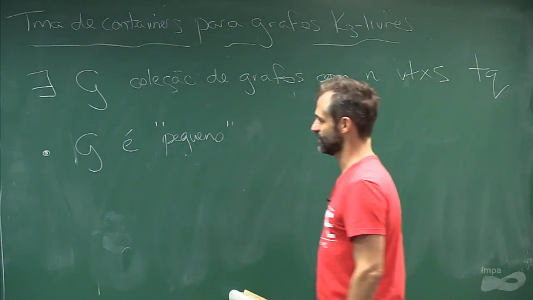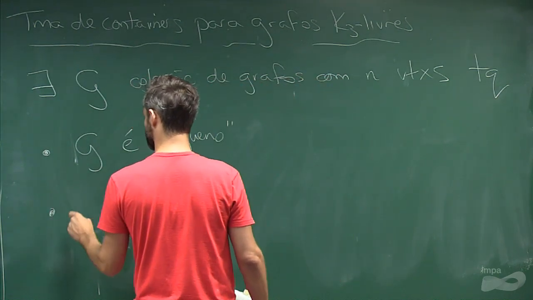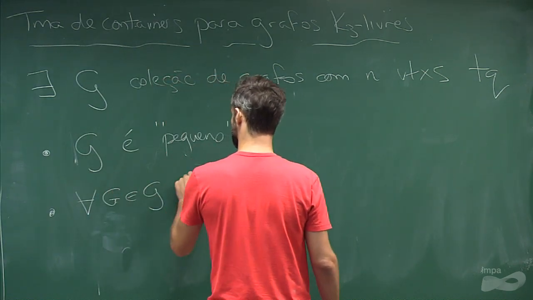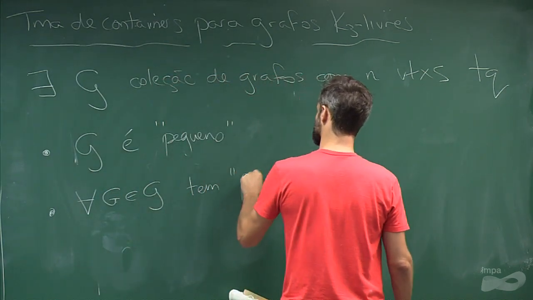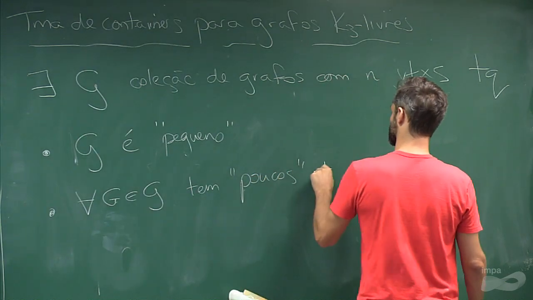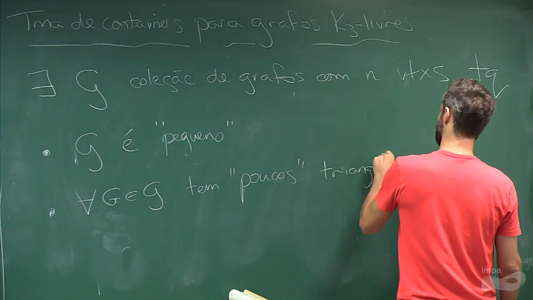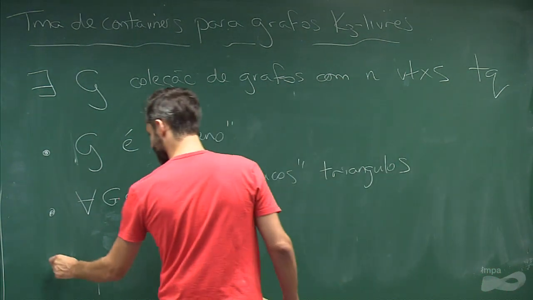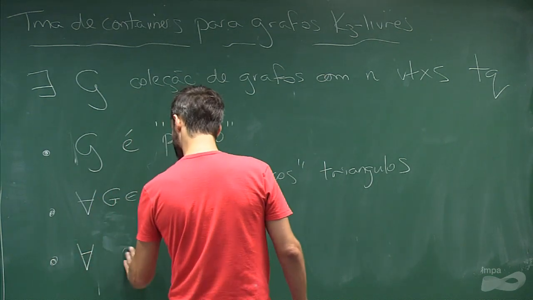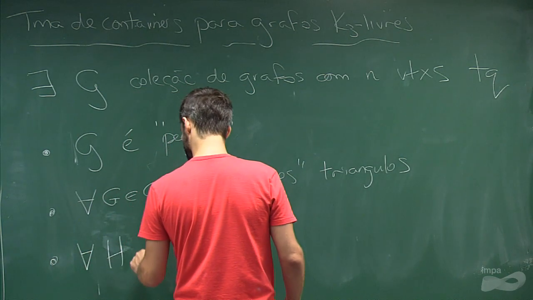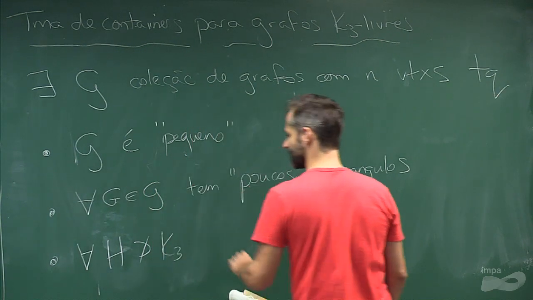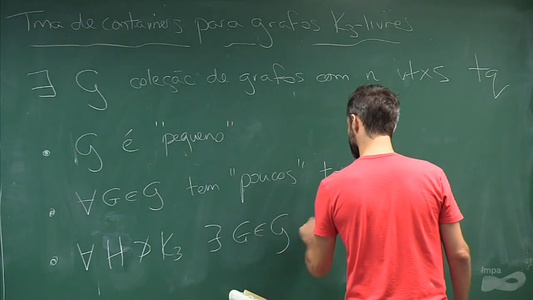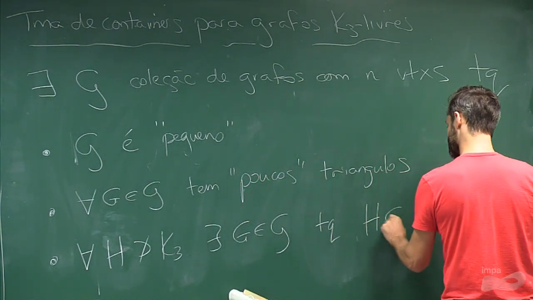The collection is small. Every G in the collection has few triangles, and for every triangle-free H, there exists a G in the collection such that H is contained in G.